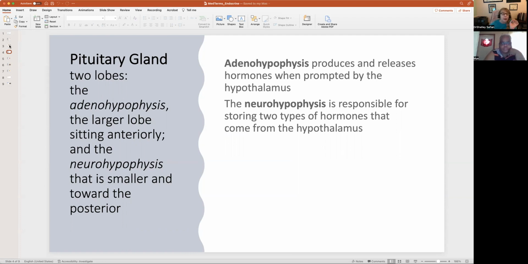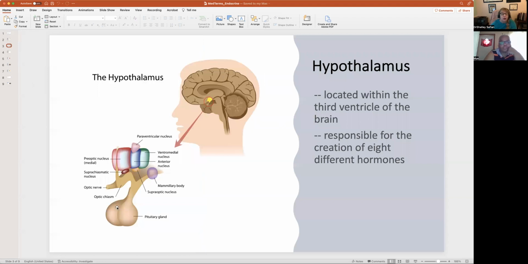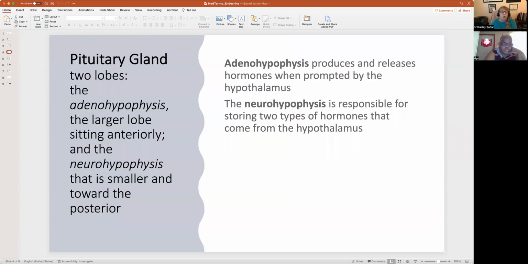Okay, now let's just go back for a second and look at the picture. You see that larger lobe. Now in this particular picture, it is posterior, it's behind, but in the body, it's toward the front. Okay. All right. So adeno, hormones, right? Hypo below, physis. Neurohypophysis is responsible for storage. It stores two types of hormones that come from the hypothalamus.